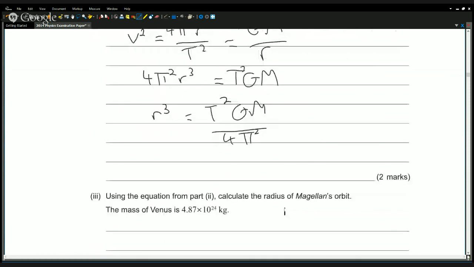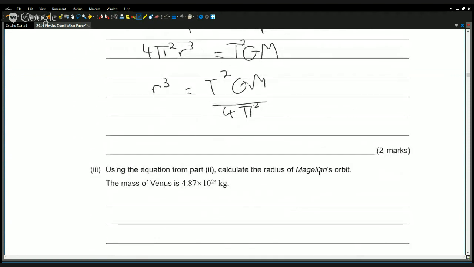Using the equation from part 2, calculate the radius of Magellan's orbit. All right, we can do that. The mass of Venus is this. So R equals the cube root of... now what was the T?